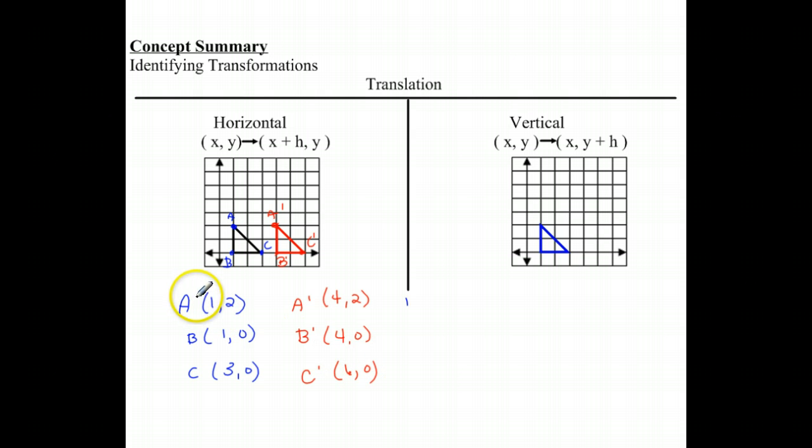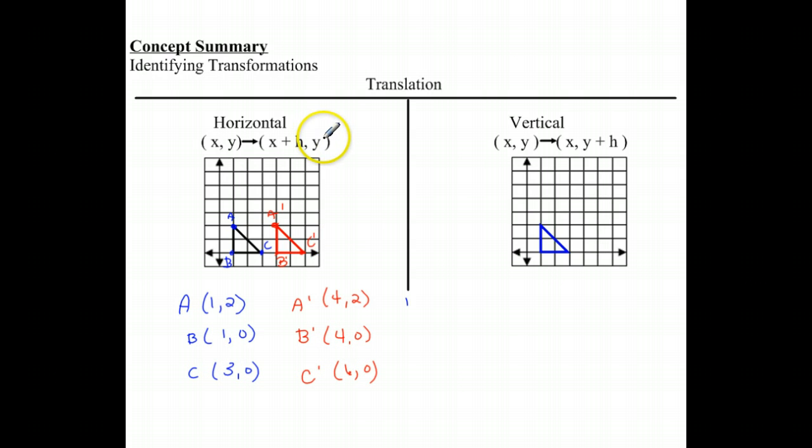So now if I compare A and A prime, B and B prime, C and C prime, you notice that what has changed is my x coordinate. It went from 1 to 4, so it increased by 3. Down here in C to C prime, you can see my x coordinate also increased by 3.